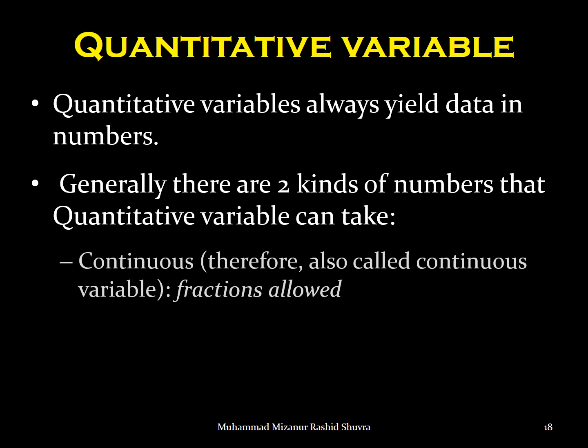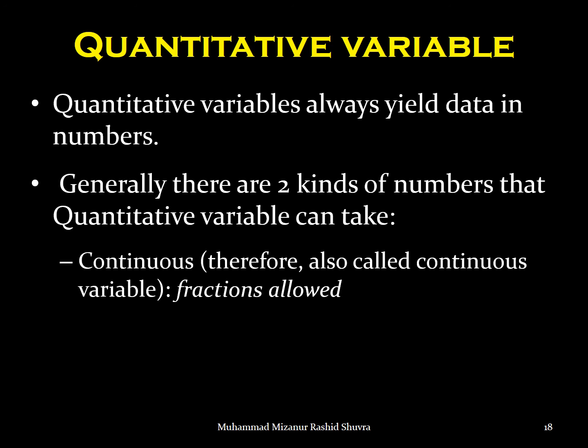So the first kind is really called continuous, and again, note the word meaning, continuous variable. Okay, so data that are continuous in nature in a quantitative variable is called a continuous variable. So fractions are allowed here, because in a continuity you may have fractions.